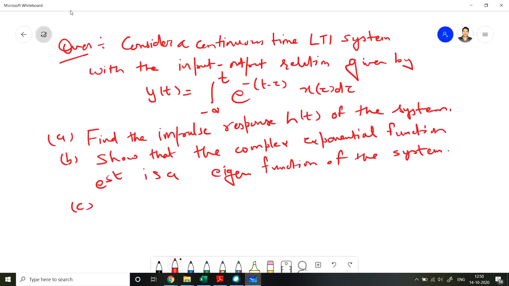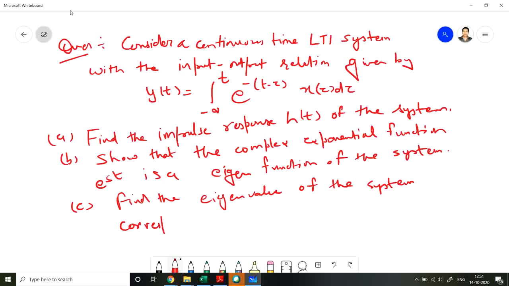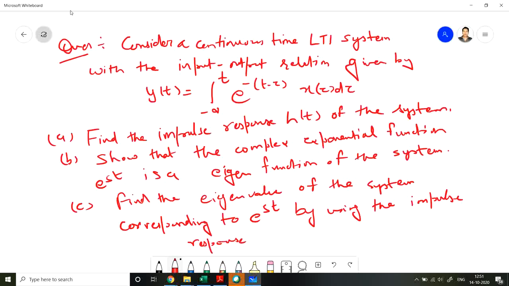Then in the third part, find the eigenvalue of the system corresponding to e^(st) by using the impulse response obtained in part A. Okay, so this is our question.